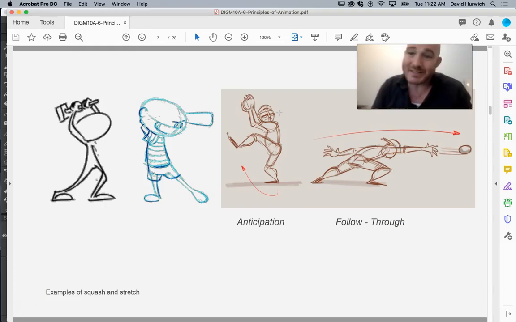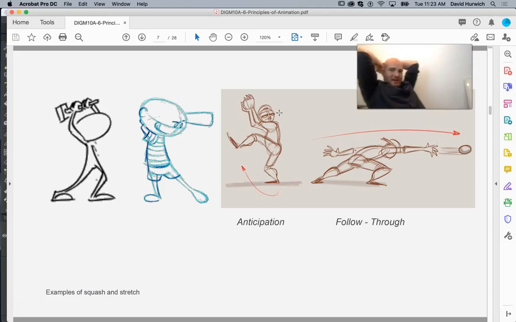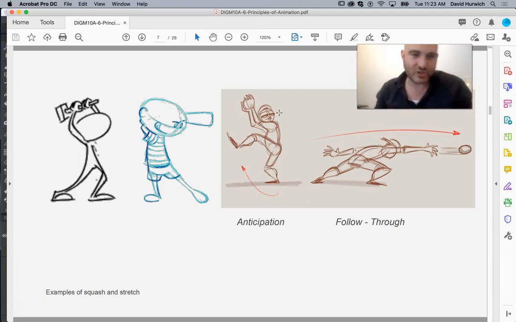This has to do a little bit with staging and positioning your character in a more extreme manner. If I was having someone smash a hammer, rather than just kind of do this with a hammer, I might have it all the way back in a nice extreme pose. This extreme pose tells everyone, hey, I'm about to smash something with a sledgehammer. I'm about to use this baseball bat.